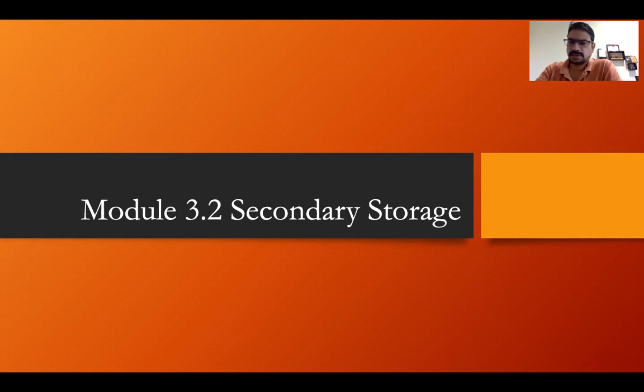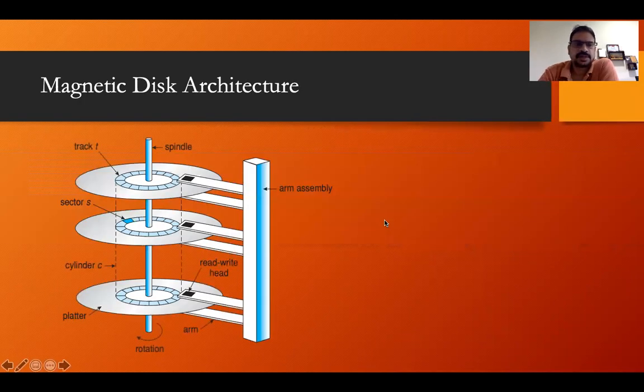Today we'll discuss secondary storage, which is your hard disk drive. I have shown you this particular diagram earlier, which is nothing but the magnetic disk architecture, that is, what a magnetic disk looks like.